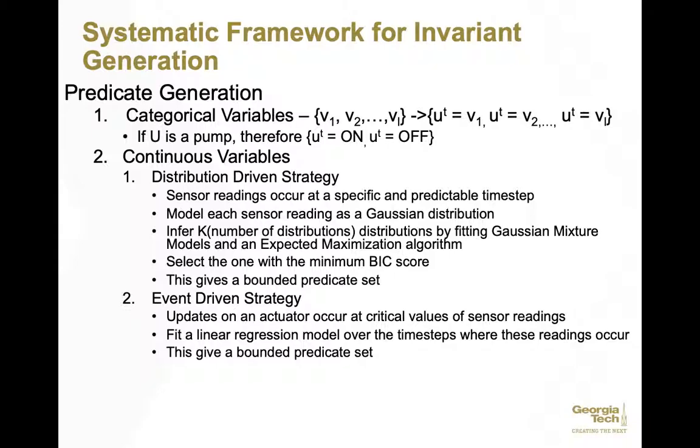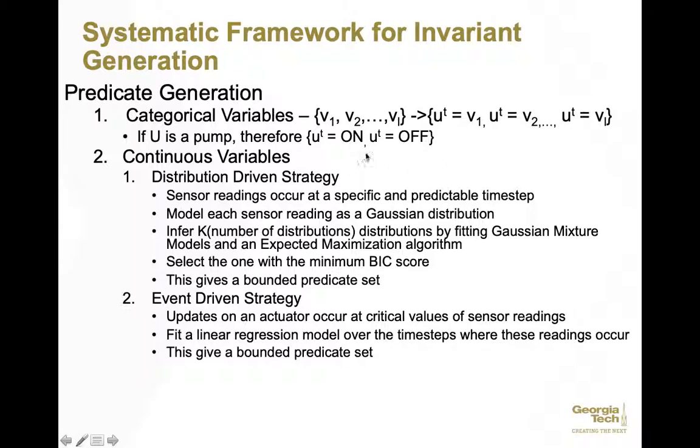Categorical variables such as actuators or pumps are fairly straightforward, and as you can see in this example here, you can just take a pump's different options, V1, V2, up to V sub L, and transform that into a set. So if U is a pump, then U of t equals on and U of t equals off would be the set.